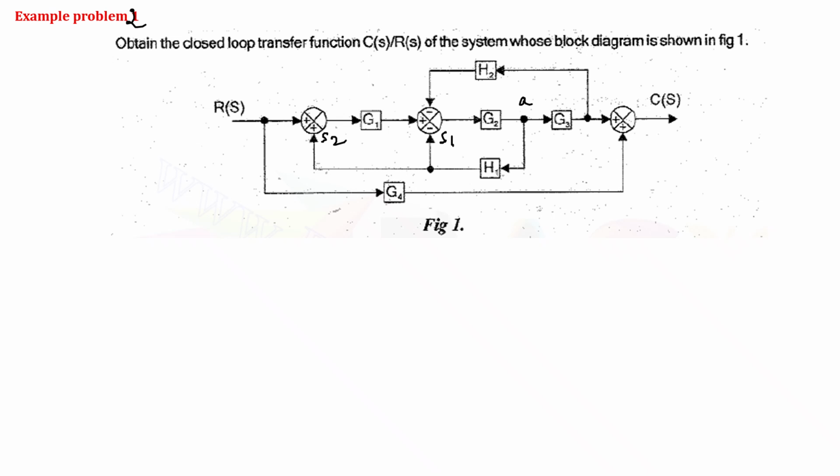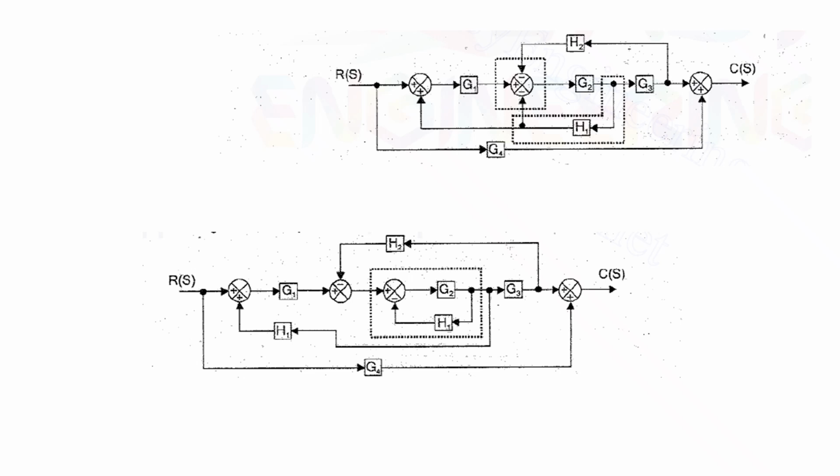So I can rearrange this entire block diagram into a form which is available here. So this signal point A is taken and enclosed with the summing point, this one.